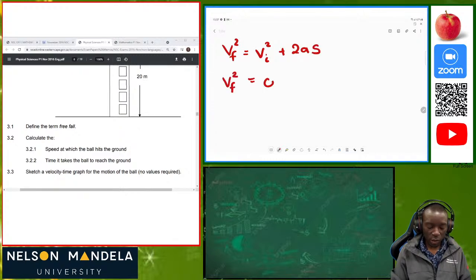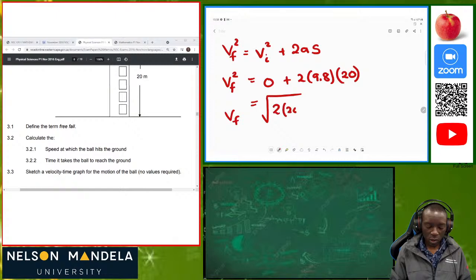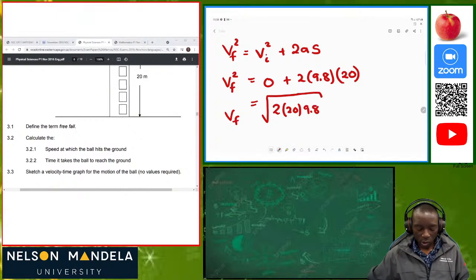Vi is 0, A is g, which is 9.8, S is 20, and they're all in the same direction. That means what we are looking for is Vf being the square root of 2 times 20 times 9.8. So we want the square root of that.